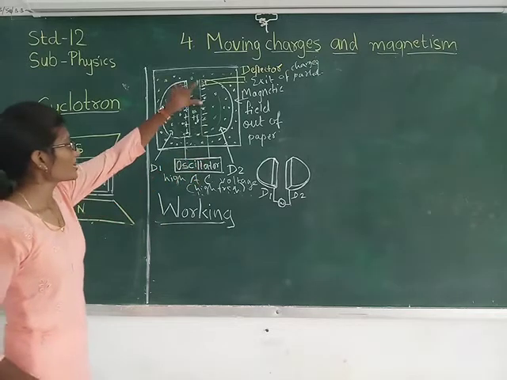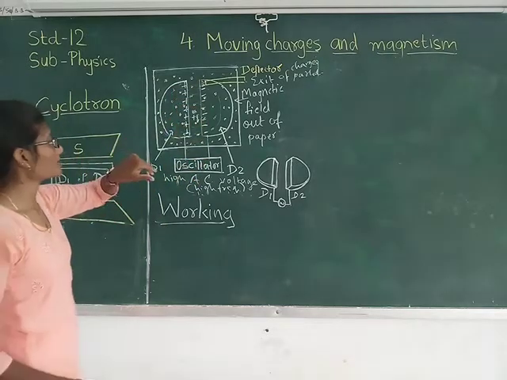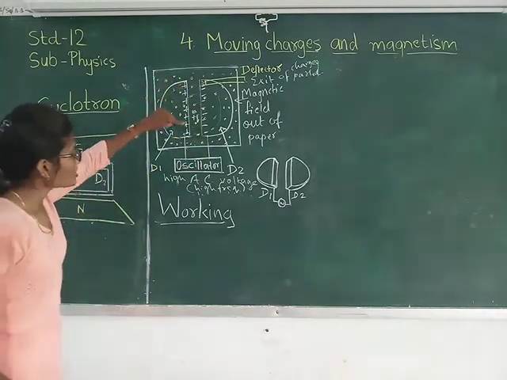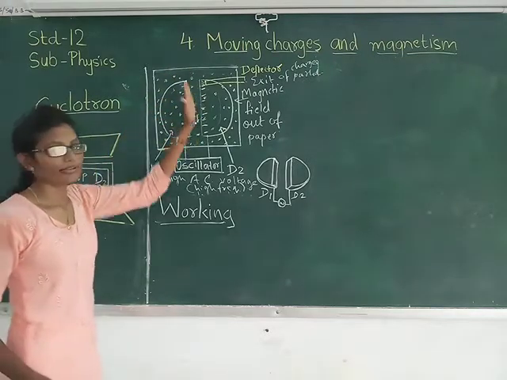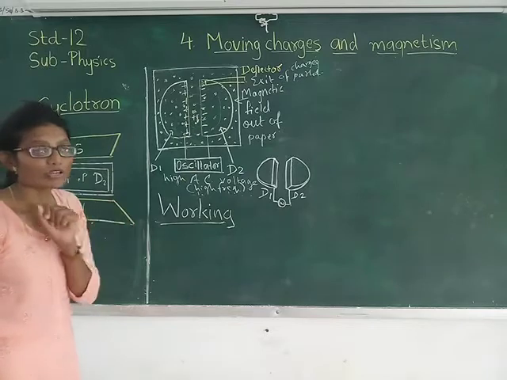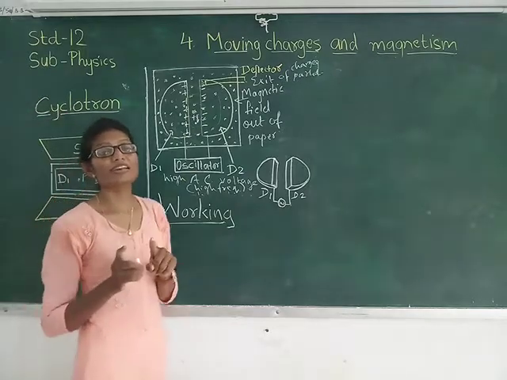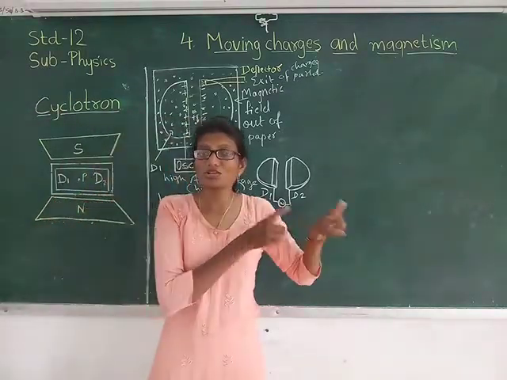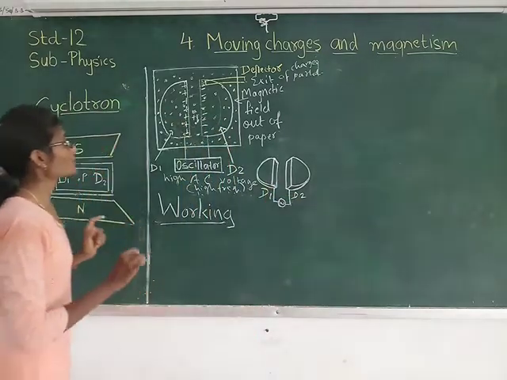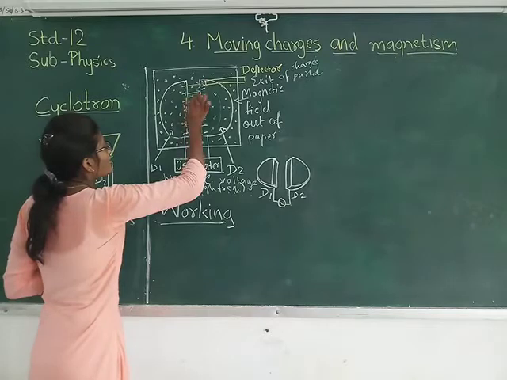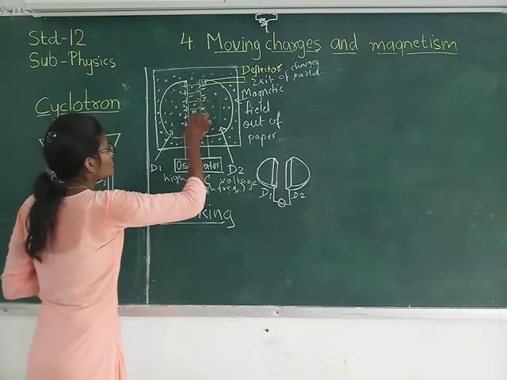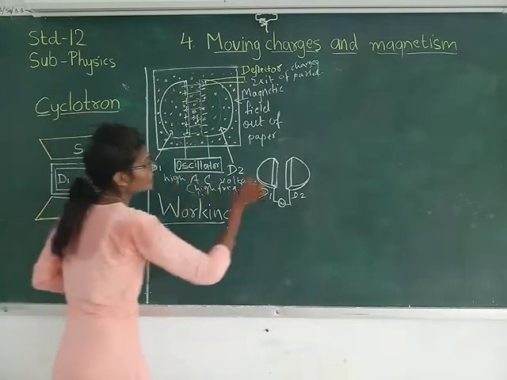So because of the supply, the potential difference is created. The positive charges are at this end and the negative charges are at this end. Now see, we already know that electric field lines emerge from the positive charge and terminate at the negative charge. So what happens? The electric field lines are in this direction, from the positive to the negative, right?